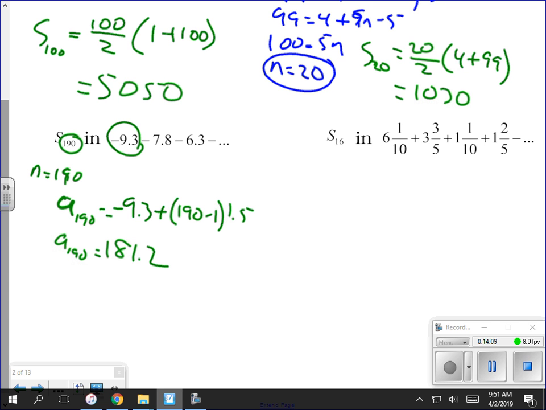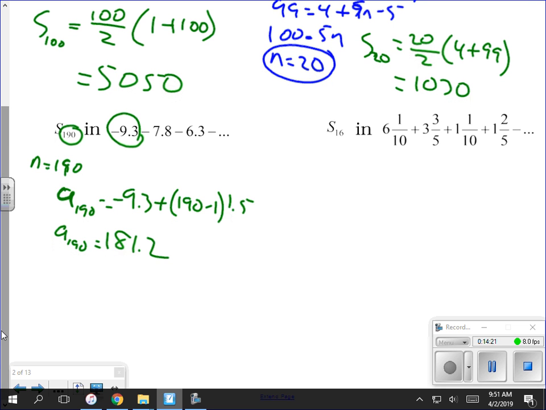First term, last term, and how many there are. Plug into the formula. The sum of the first 190 is 190 divided by 2 times negative 9.3 plus 181.2. Wait, wouldn't it be 181.2, not 190?